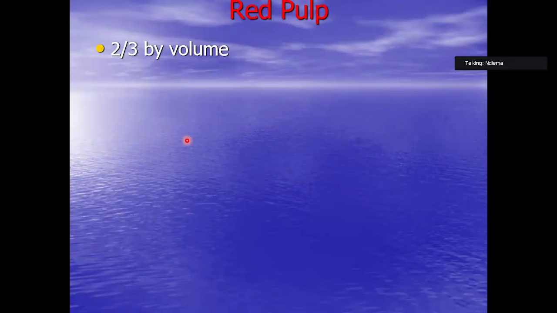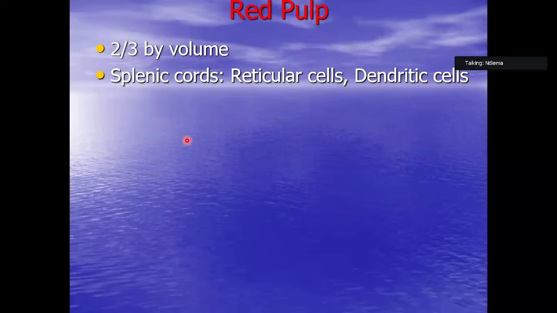Within the red pulp is the majority of the volume, comprising 2/3, and the red pulp comprises splenic cords of Billroth, and also splenic sinuses. The splenic cords comprise reticular cells.